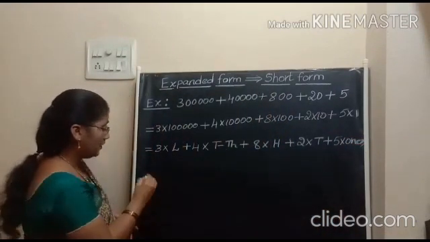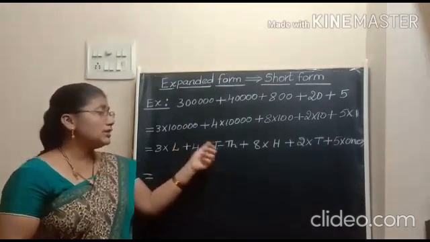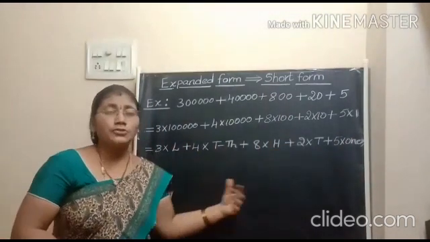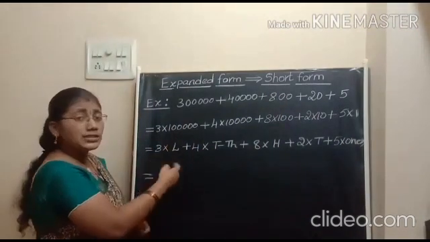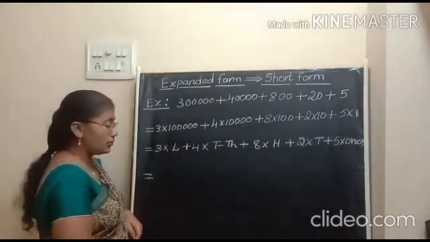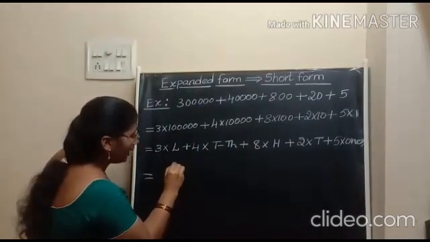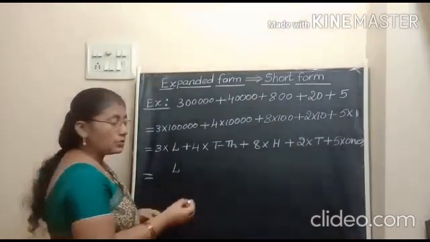Now we have to arrange these places according to the order. What is the largest place here? That is lakhs. So, first we should write the lakhs place. What is the next place? 10,000s.